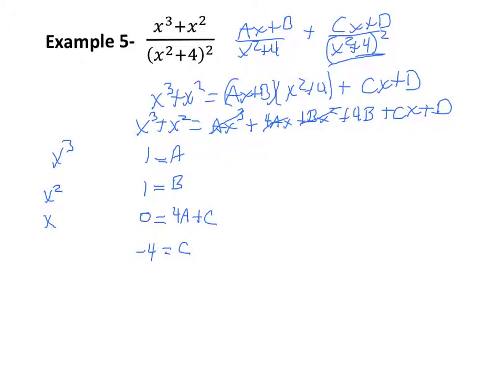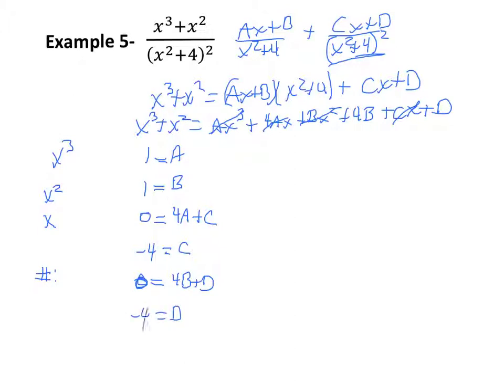Well, yeah, we got to get D. So let's get our constants. So on the left side, we got nothing. And what do we have on the right side? We have 4b plus D. And what's B? 1. So what is D?